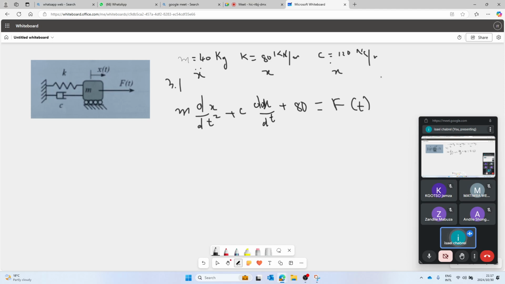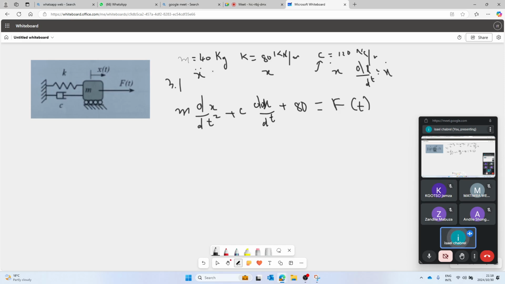It's a straight math application. If you want to write the differential equation, all you need to know is what each element is and what variable it goes with. If you know that the damper goes with velocity, therefore the variable is dx/dt. Because if you differentiate x, you get the velocity, x dot.